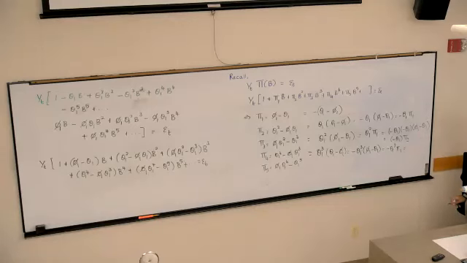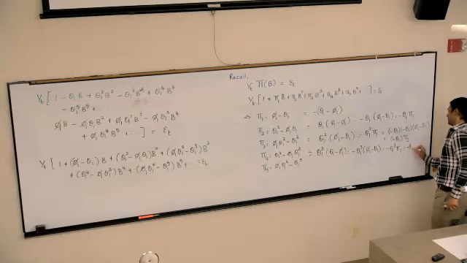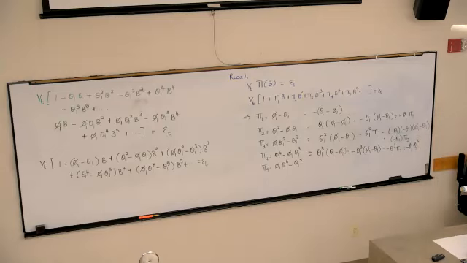So we can leave it as is, or write it as minus theta 1 times theta 1 squared multiplied by phi 1 minus theta 1.